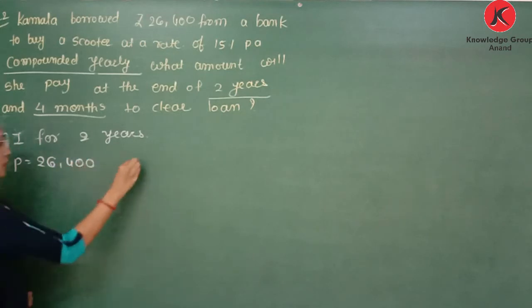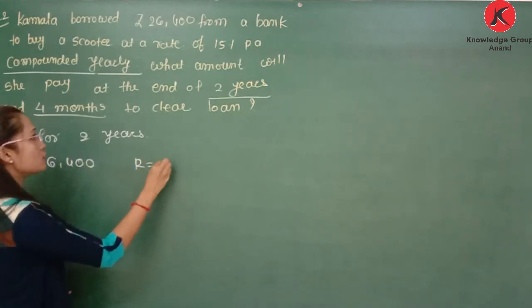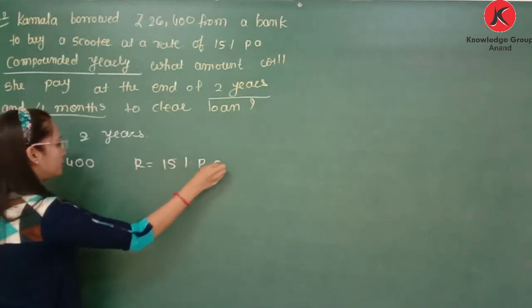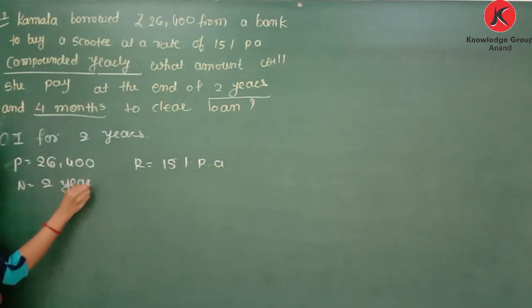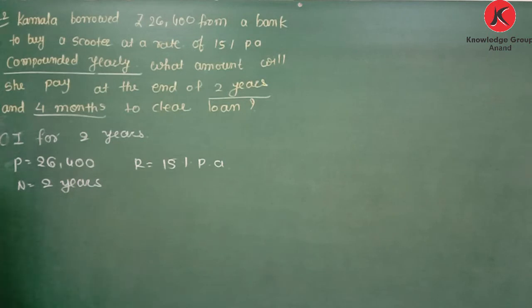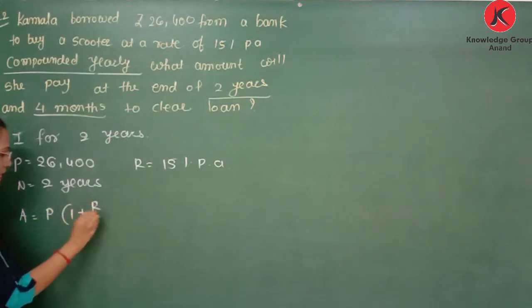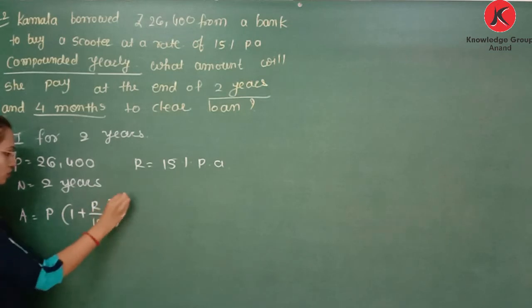So now our principal value is 26,400. Rate of interest is 15% per annum, and n is 2 years. Here we will find compound interest for 2 years. So amount is equal to P times 1 plus R divided by 100, raised to n.